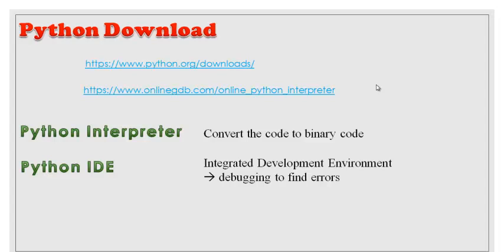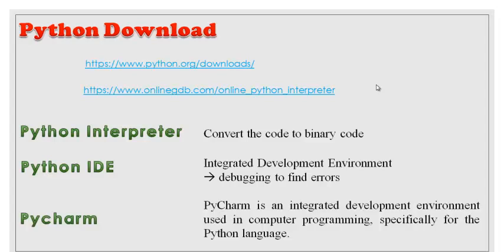There should be an option for debugging because your program might have some errors and you need to correct these bugs. There are various IDEs available in the market nowadays, and the most famous one is PyCharm. PyCharm is an integrated development environment used in computer programming, especially for the Python language.